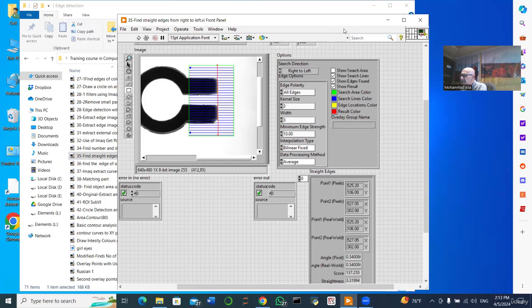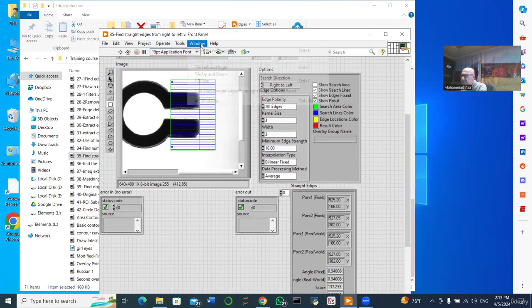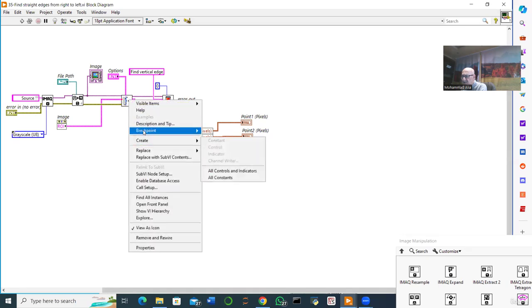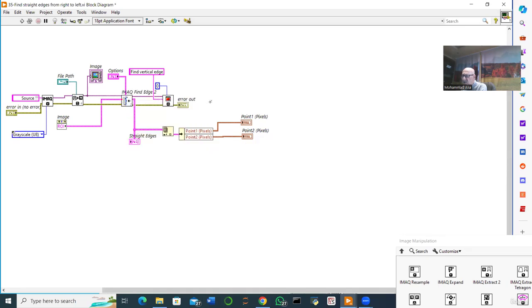For this purpose, in LabVIEW, or in IMAQ, there is a special function for that, which is called IMAQ Find Edge 2. To work with this function, you need to input the image of interest here.